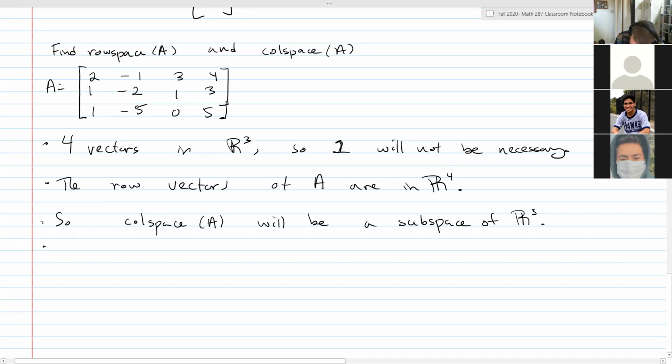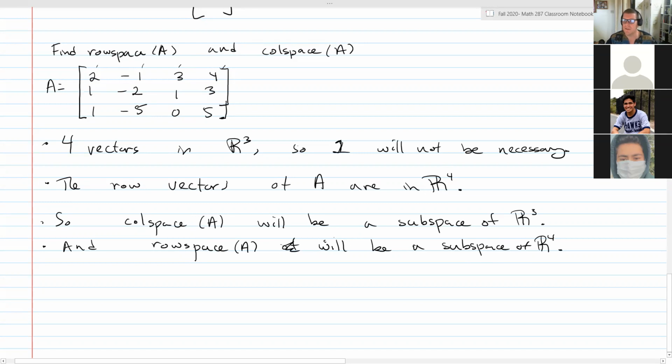And in addition to that, the row space of A will be a subspace of R4, because the vectors are in 2 different spaces. Notice for the row vectors, we have 1, 2, 3, 4 values, and for the column vectors it's only 3.